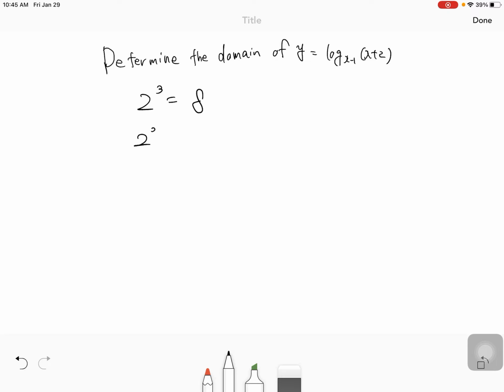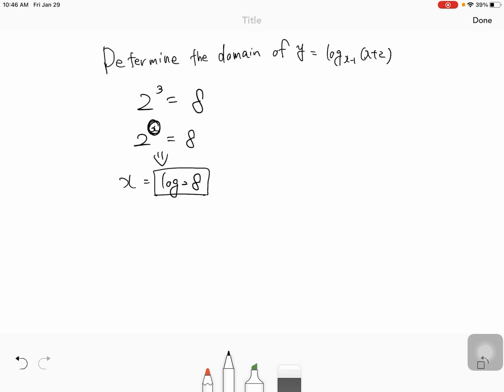Sometimes you want to know what power you raise 2 to, to get 8. You just want to know the value of x. Then you can convert this equation to x equals log base 2 of 8. This is the idea of logarithms.